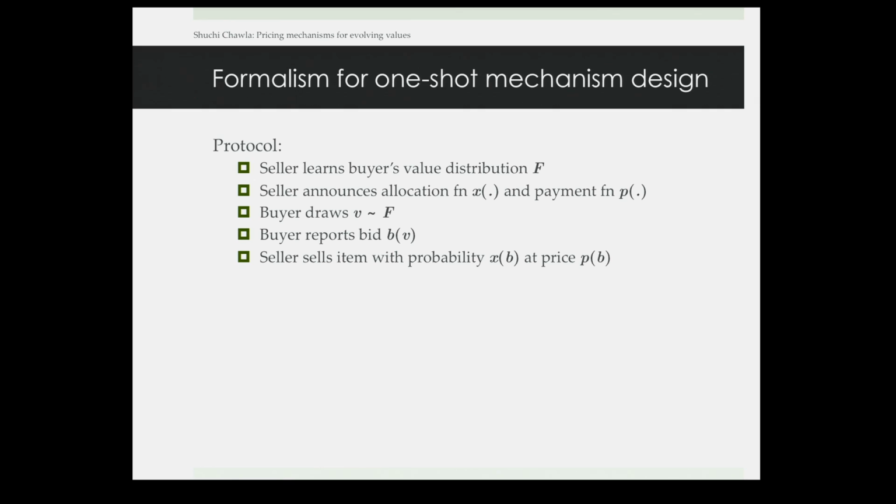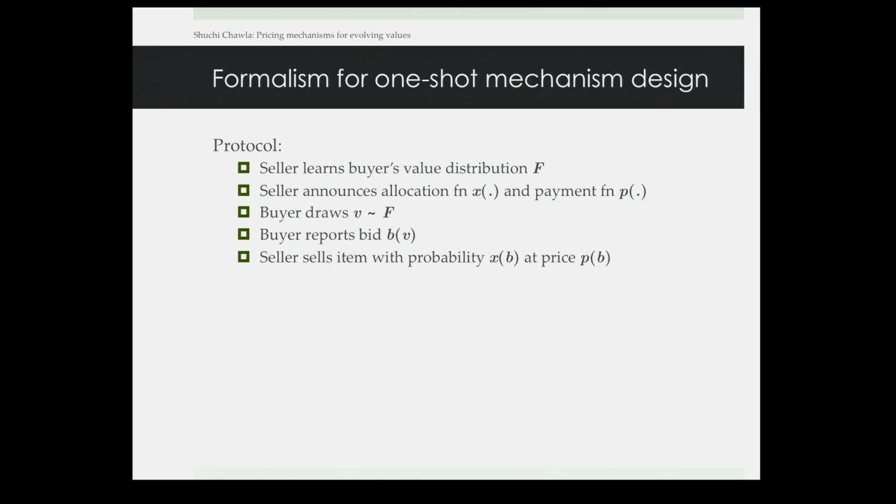And so for those of you who are not familiar with mechanism design, here's a quick introduction to how you might formalize this. So in a single shot setting, when the seller just has a single item to sell and the buyer has a value for this item, here's how a typical mechanism design protocol plays out.